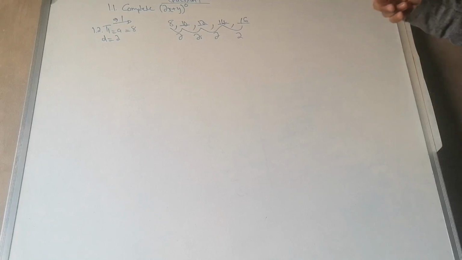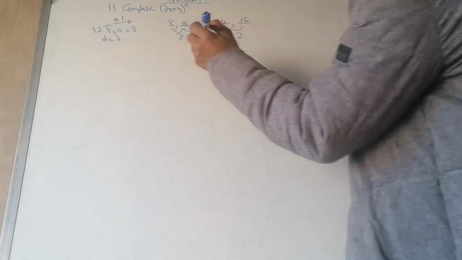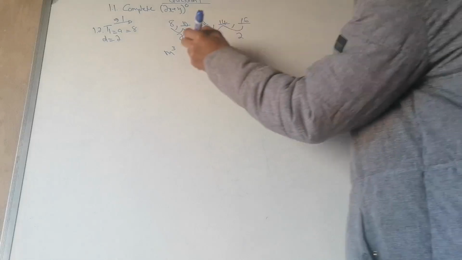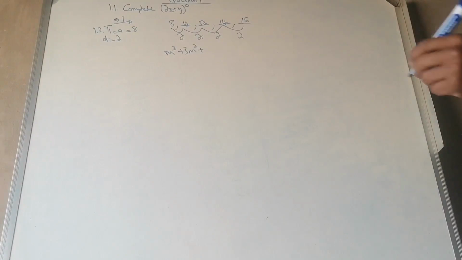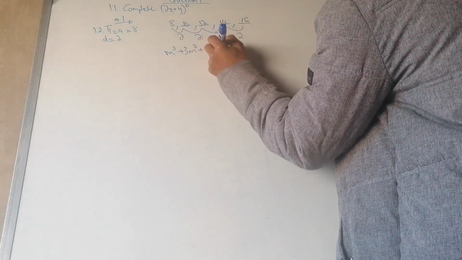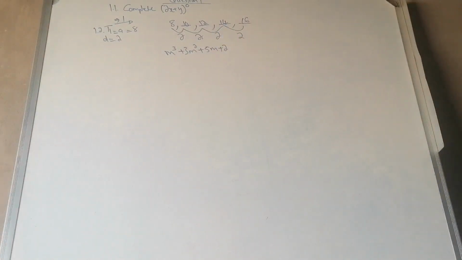Question 1.3: given the expression m cubed plus 3m squared plus 5m plus 2, what is the coefficient of m?